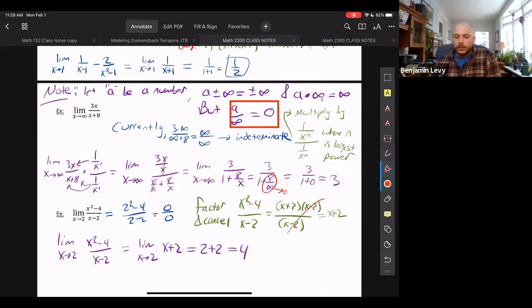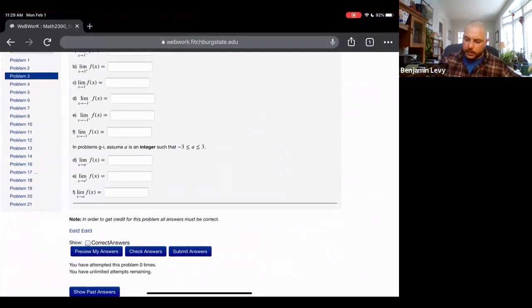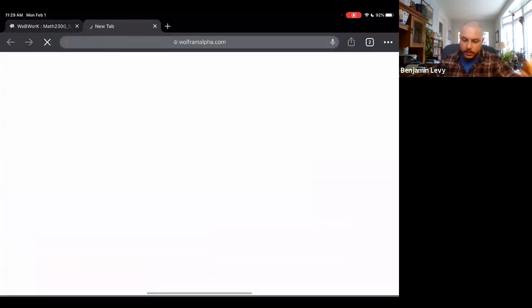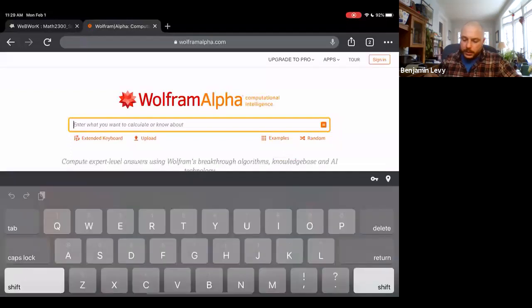I see. Let's graph this one quick. I should be better about doing that occasionally. Let me go ahead and do that. I think I can just pull this up. Let me go to Wolfram Alpha, and let's graph this one.